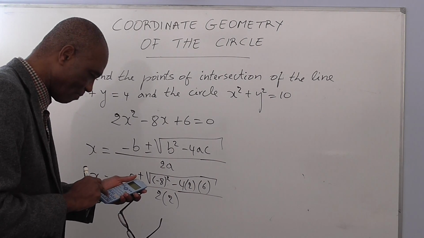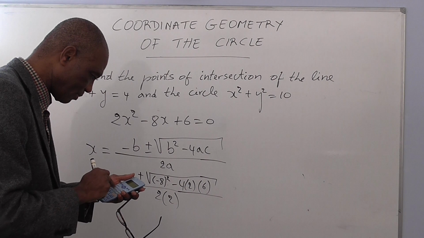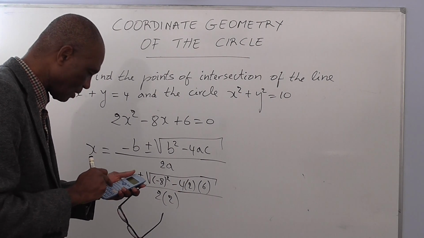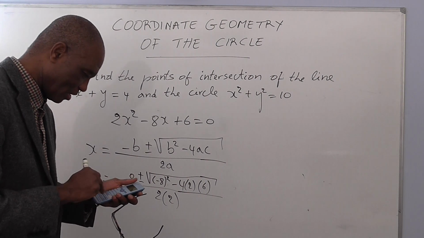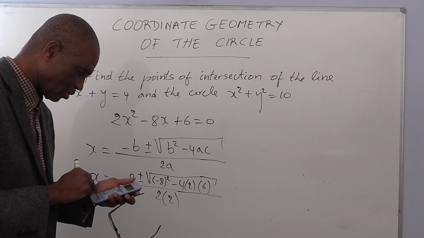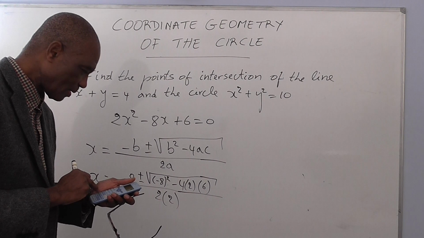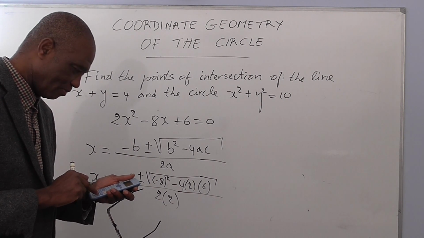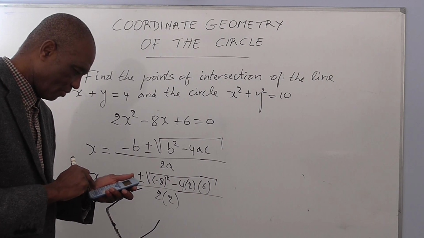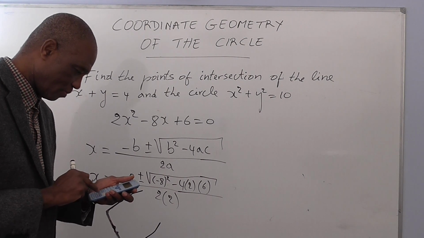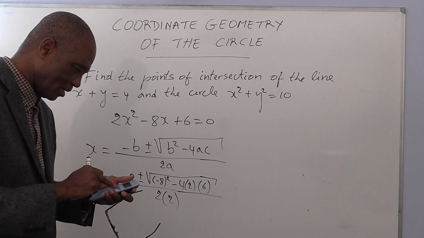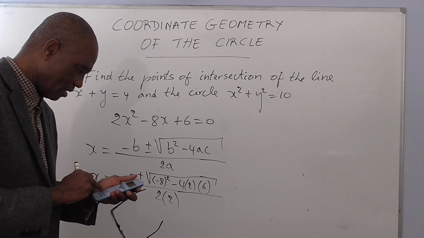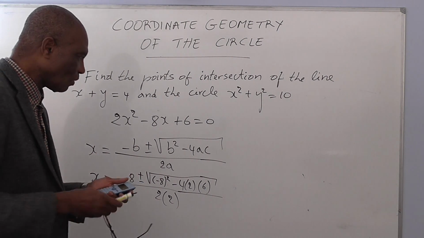So I put 8 plus square root, a bracket minus 8 and then square, and then minus 4 multiplied by 2 multiplied by 6, all over 2 times 2.